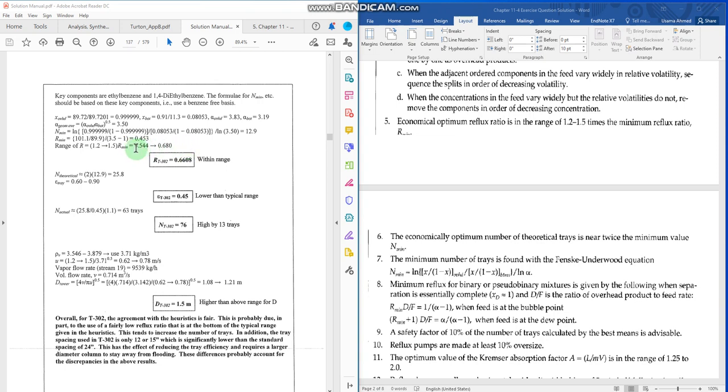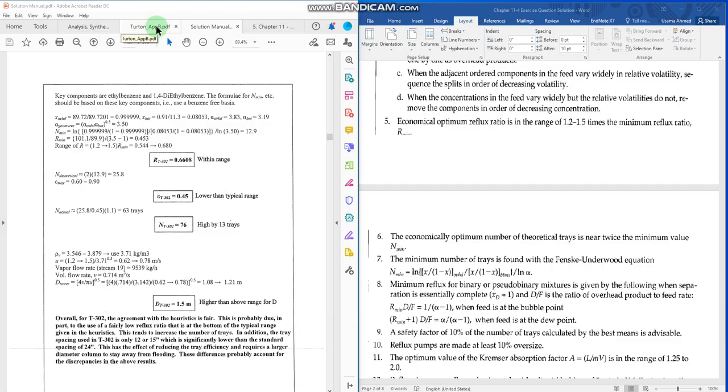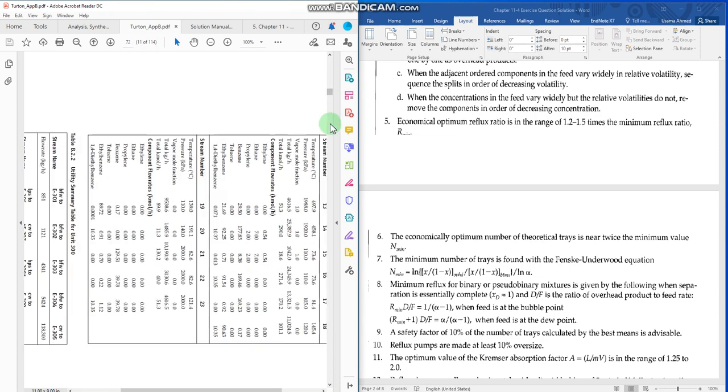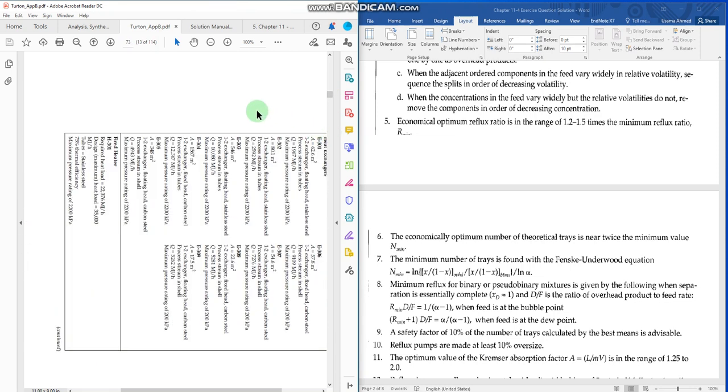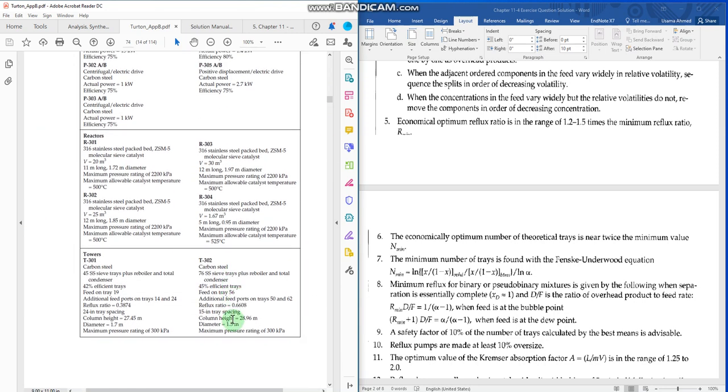Okay, that comes out to be 0.544 to 0.680, and if you go back to the table 2.3 here, as I mentioned earlier, the minimum reflux that is mentioned here is 0.6608.